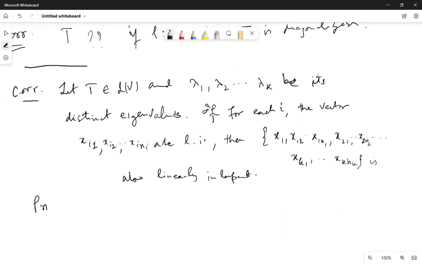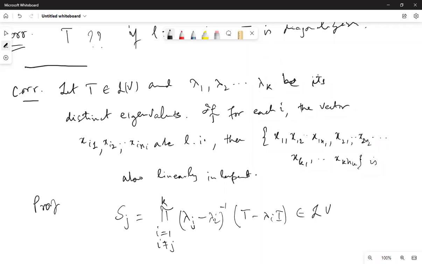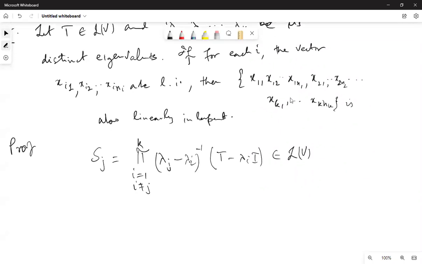With the above proof, because Sj we defined as what? The product over i from 1 to k, i not equal to j, of (lambda j minus lambda i) inverse, times T minus lambda i into I. This is what we defined in the above proposition. Now I claim that this set is linearly independent.